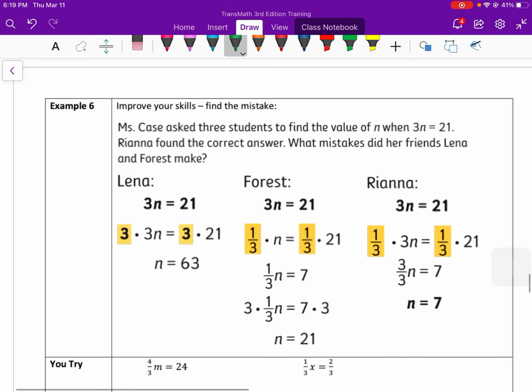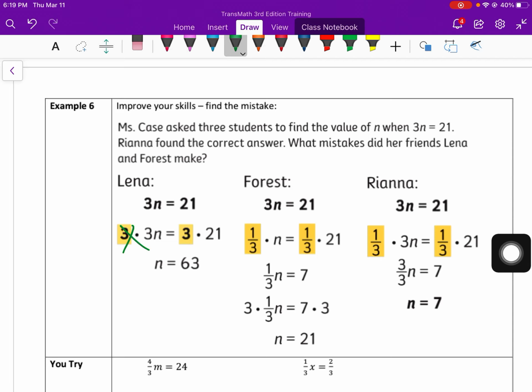In example 6, it says Miss Case asked 3 students to find the value of n when 3n equals 21. Rihanna found the correct answer. What mistakes did her friends Lena and Forrest make? So if you notice, the inverse operation to solve would be to divide by 3, and Lena multiplied by 3, so that's why this is wrong.